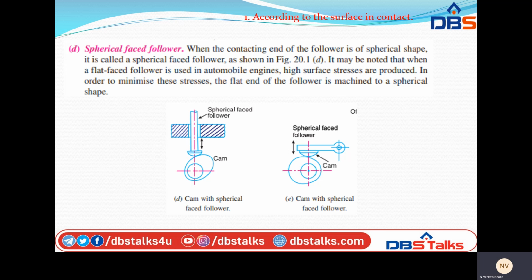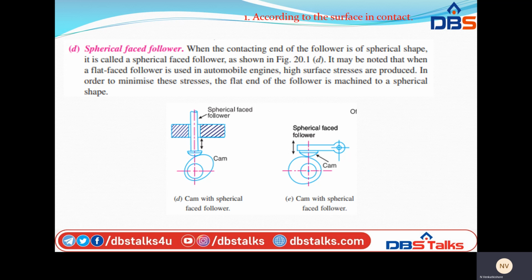Clearly observe this E figure. The fixing point of this follower is on the right hand side, and the motion of this follower is also reciprocating, but not that much reciprocating. That is simply we can say it is oscillating, about a fixed point.